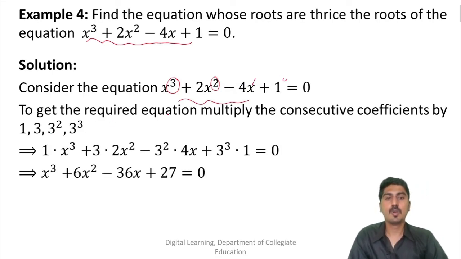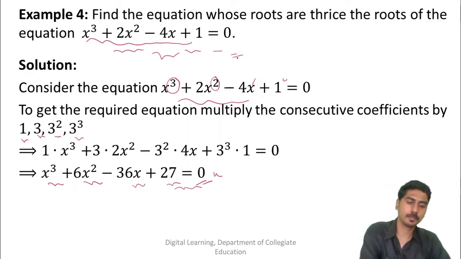I multiply the coefficients by 1, 3, 3 square and 3 cube. I get x cube plus 6x square minus 36x plus 27 is equal to 0. So this is the required equation whose roots are thrice the roots of the equation x cube plus 2x square minus 4x plus 1 equal to 0.